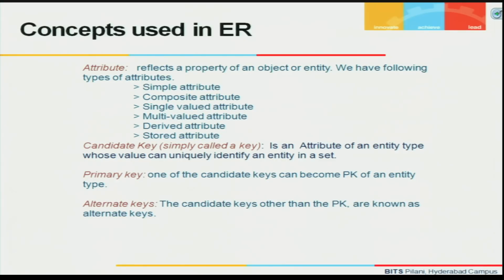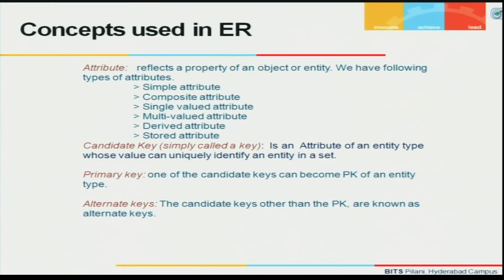That kind of attribute is called a complex or composite attribute, and other attributes like name, which may contain only one value, or age, which may contain only one simple value, are called simple attributes. Similarly, we have single and multi-valued attributes. A single valued attribute is one where you can store only one single value which has some meaning. If it is a multi-valued attribute, we will be storing multiple values.